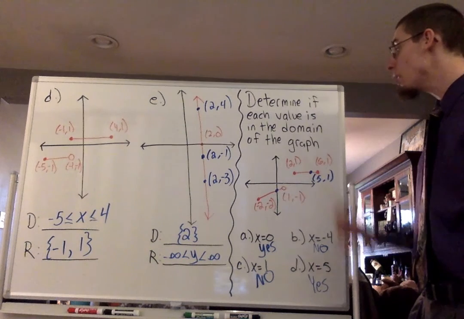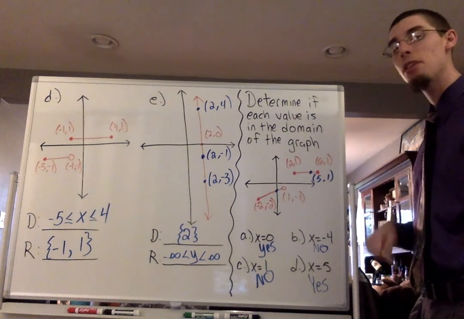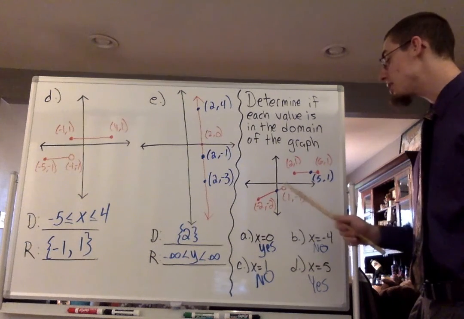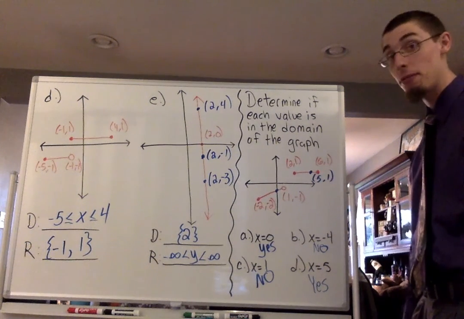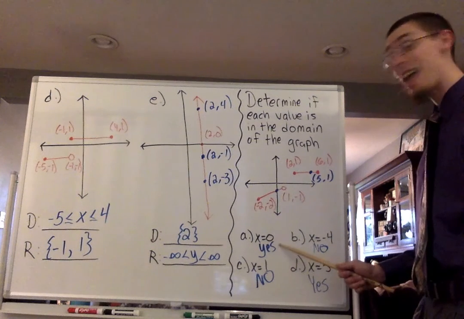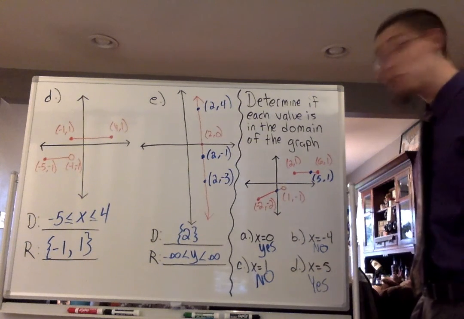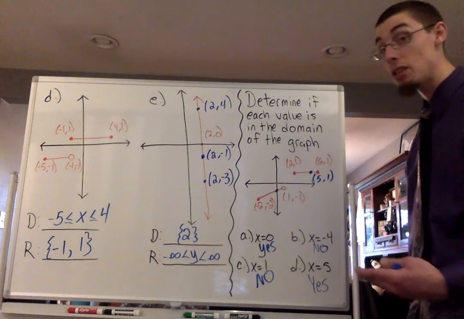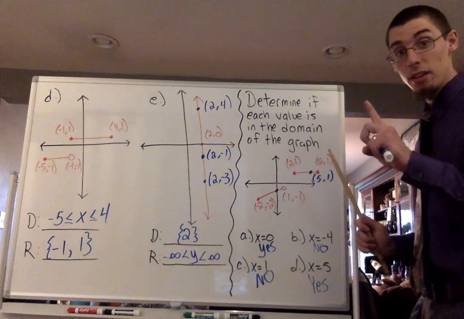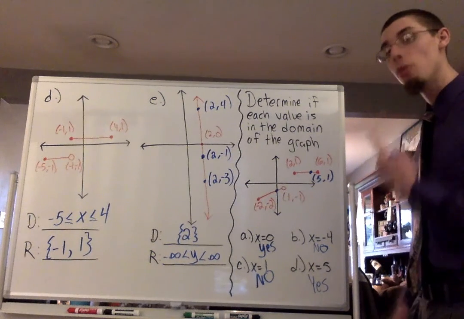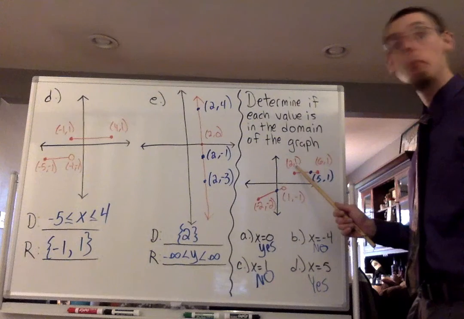So when you're asked this question, to determine if something is in the domain, you're basically trying to see if a point exists on the graph that would use that x value, right? I could ask you the same thing with the range. Like the number 1. Is the number 1 in the range? Well, there's a point that uses the number 1.